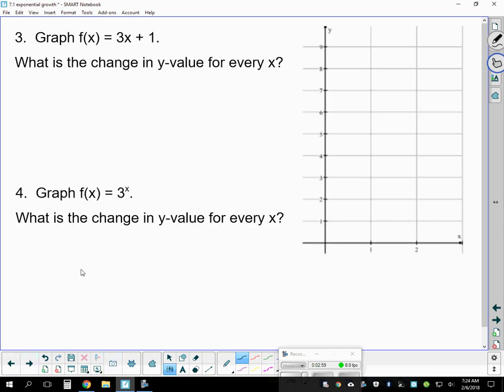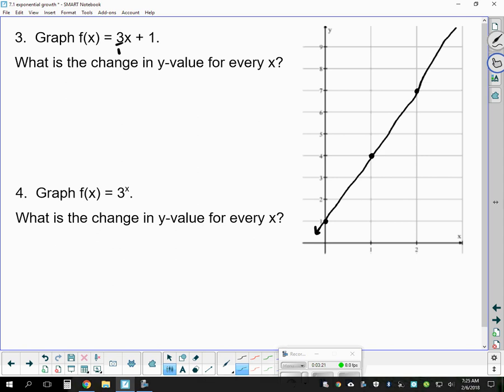All right, graph f of x equals 3x plus 1. Well, I know I would start at my y-intercept, which is 1, and then my slope is 3 over 1, so I would go up 3 units to the right 1. Up 3 units to the right 1. Okay, and I can go ahead and draw in my line. Oh, that wasn't terrible. Okay, what is the change in y value for every x?